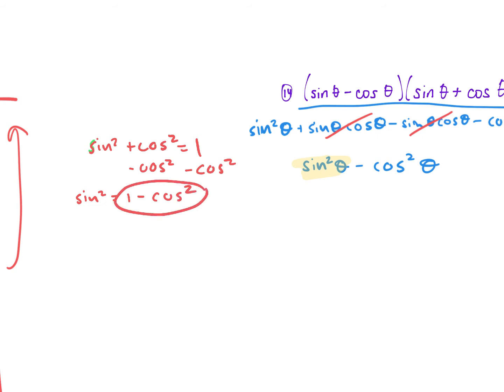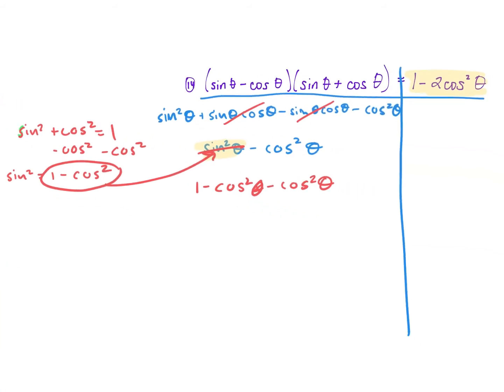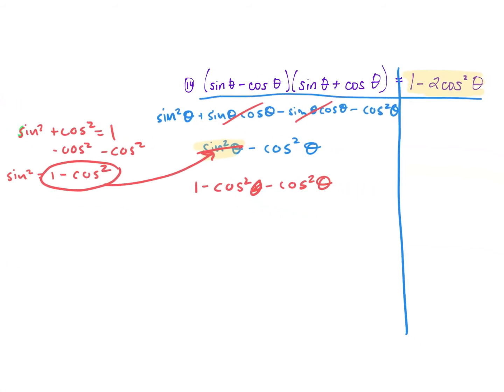So I'm going to take this and substitute it in for the sine. So I have 1 minus cosine squared minus cosine squared. What can I do next? Awesome. I'm going to combine like terms. So if I have a negative cosine squared and a negative cosine squared, how many cosine squareds do I have? 2. So this would be negative 2 cosine squared theta, which is the answer.